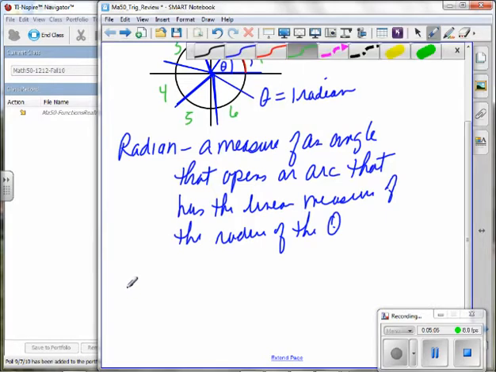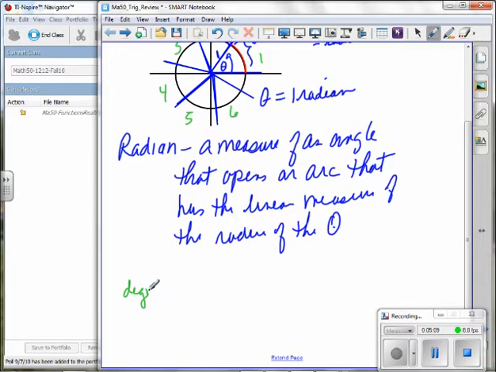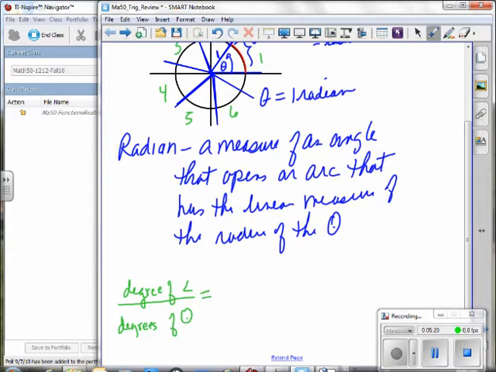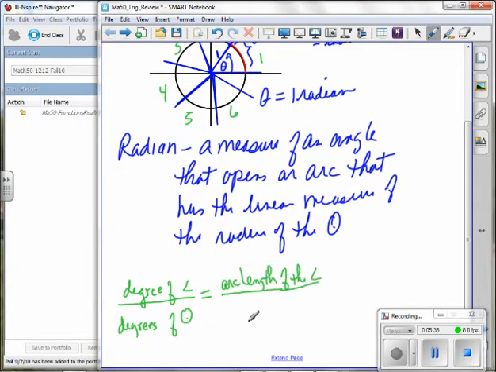There we go. If I take the degree of the angle is to the degrees of the circle as, okay, that's one part of my proportion, as the arc length of the angle is to the arc length of the circle.